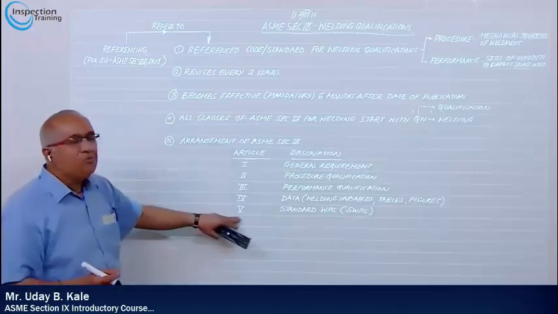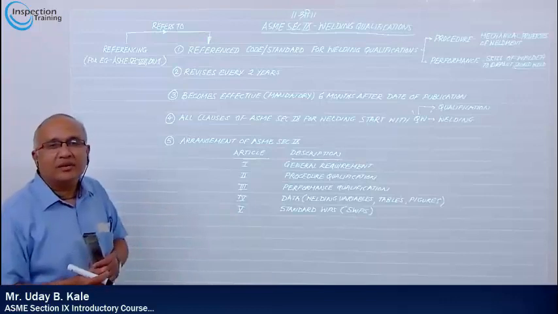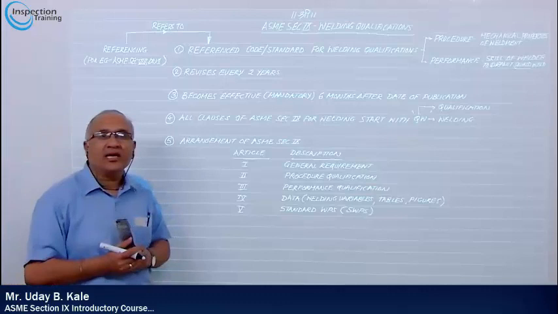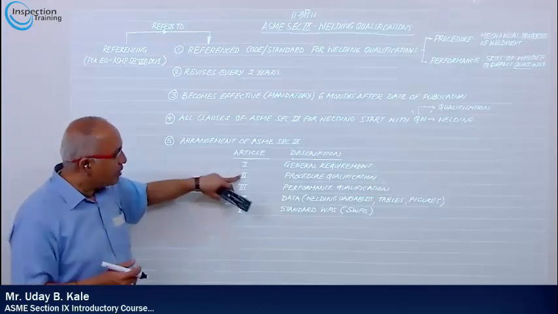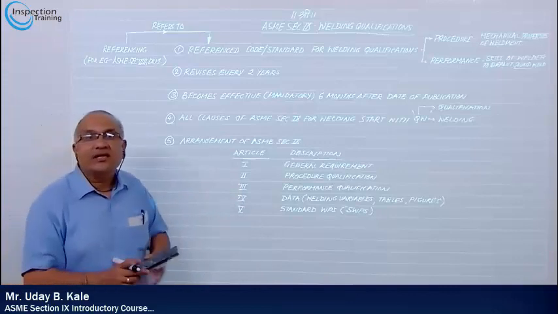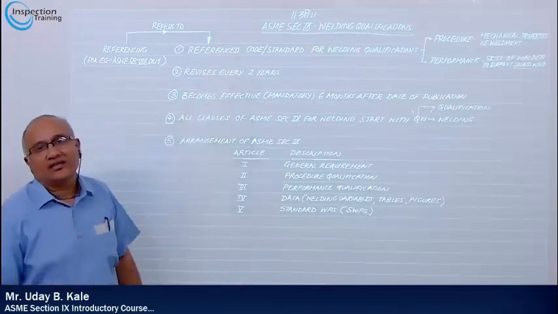There is nothing much in Article 5. So really speaking, we will just go through Article 5, but not in detail. But we will be going through 1, 2, 3 and 4 in detail in order to understand the application of ASME Section 9.